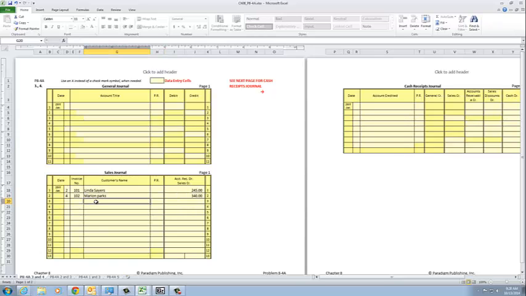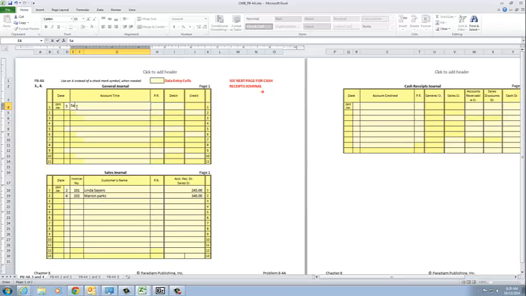On the 5th, we issued a credit memorandum to Marion Parks for damaged merchandise for $50. Keep in mind that sales returns will not fit into the sales journal, nor will they fit into the cash receipts journal. So the only place we can put a return is in the general journal.